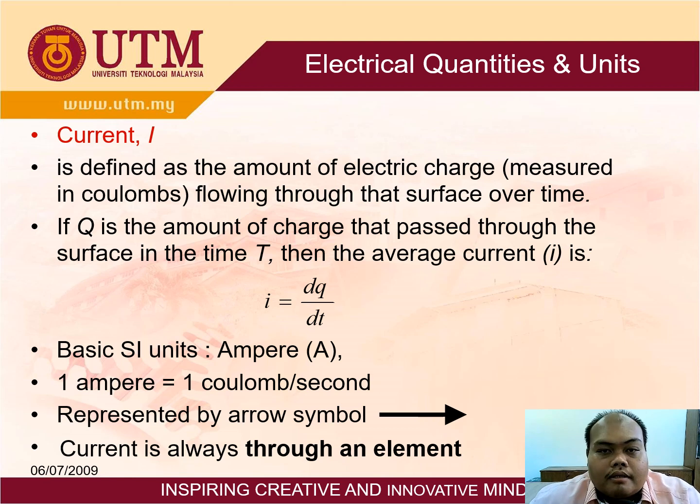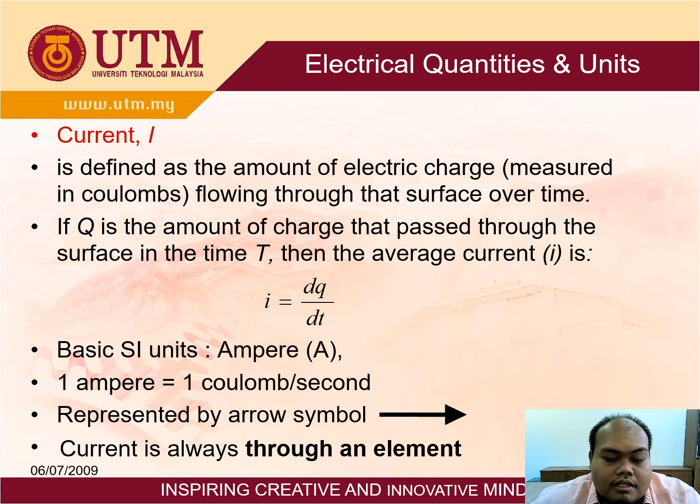The current. Last time I only showed you a simple, brief explanation of the current. This one is a more detailed explanation of the current. Current is basically defined as the amount of electrical charge in coulomb flowing through a surface over time, basically coulomb over second.